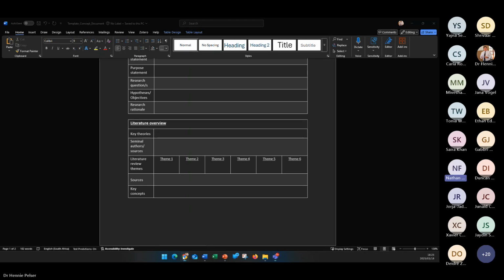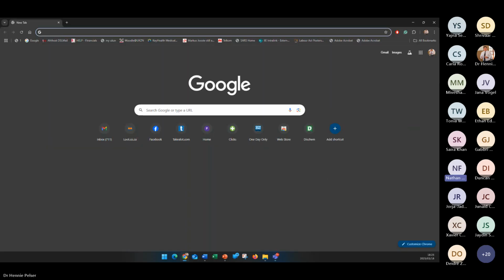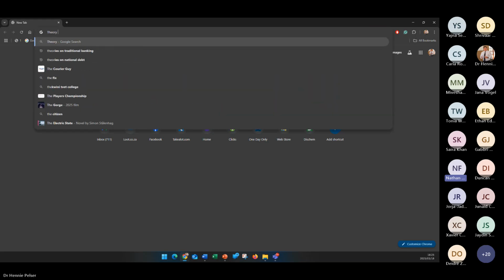Okay, Doc. I'm just getting it quickly. So my title was describing the potential role of AI reputation management within the context of SMEs in the financial industry.